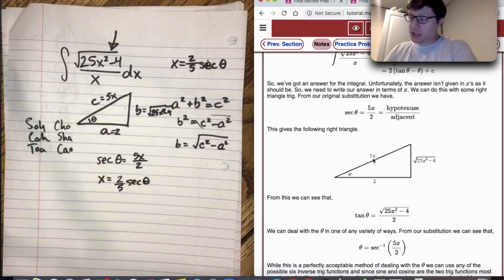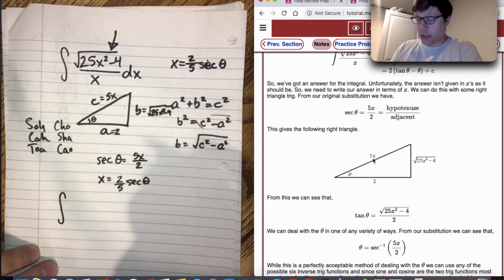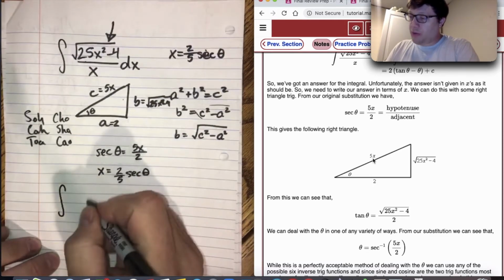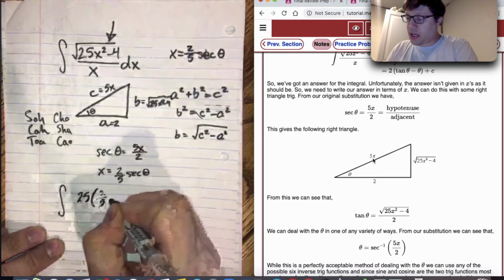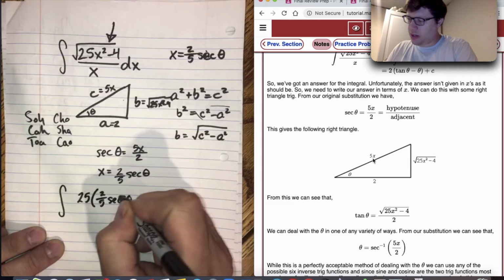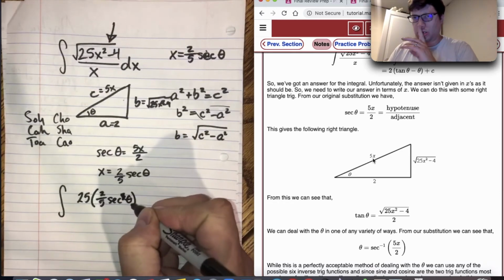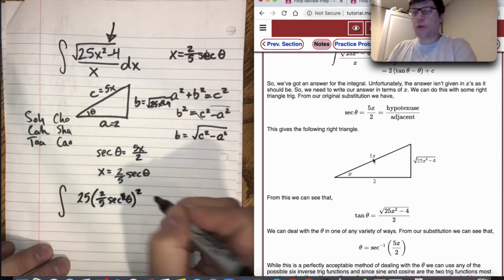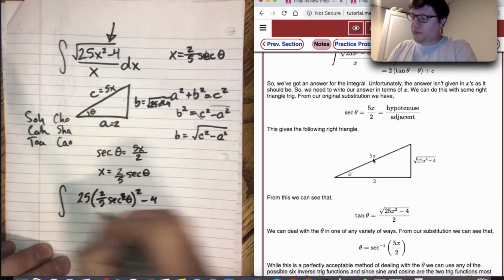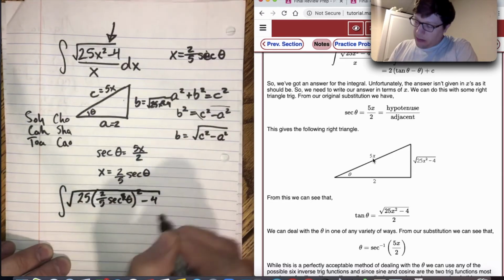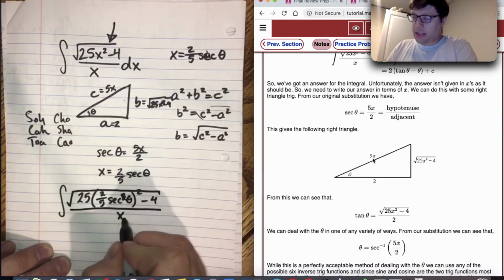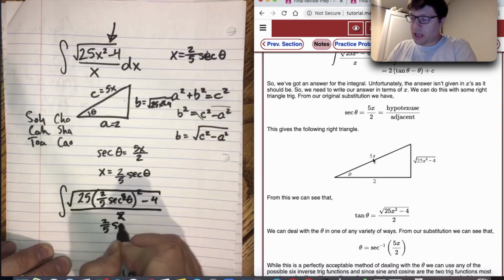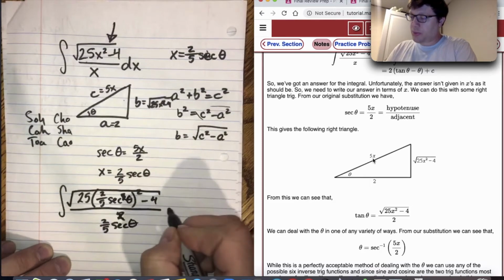So the integral, here's our trig substitution, of 25 times 2/5 secant theta, this whole thing squared, minus 4, square root, over 2/5 secant theta d theta.